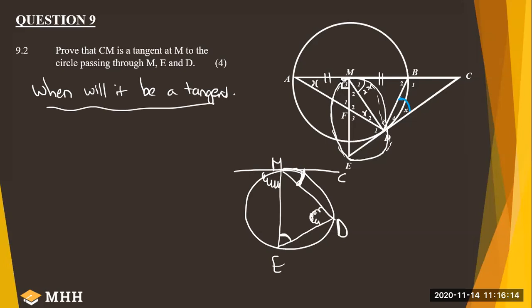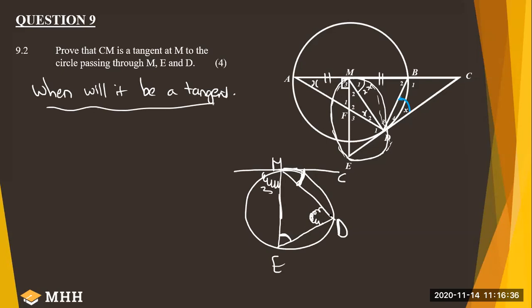Looking at this triangle, MED, if I can prove that M3 is equal not to this line, but to the opposite angle, that's tan chord. If I can prove any of those, then it's a tangent.